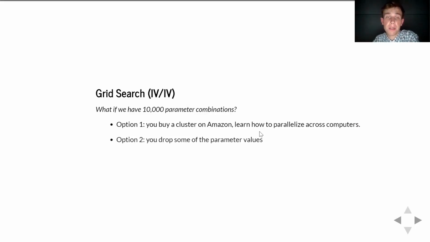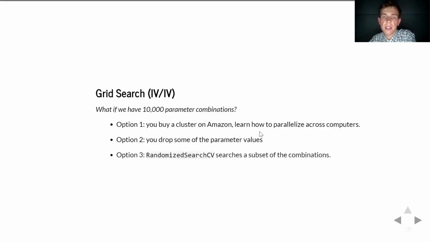You can also try to drop some of the parameter values, but the question is which of them do you want to drop. You need to have some idea of where the optimal parameter combination roughly is, and sometimes you might not know that. And finally, you can use RandomizedSearchCV, which searches over a subset of parameter combinations using some pre-specified distribution of parameters.